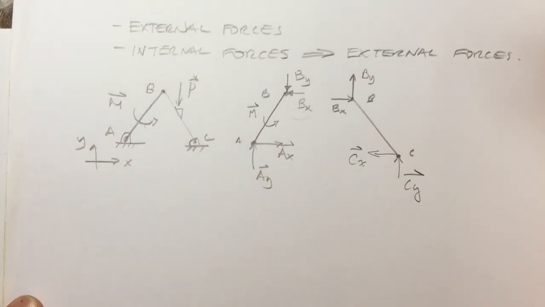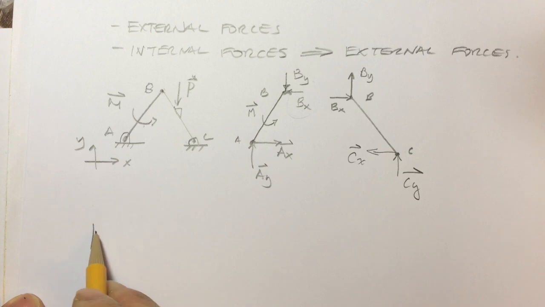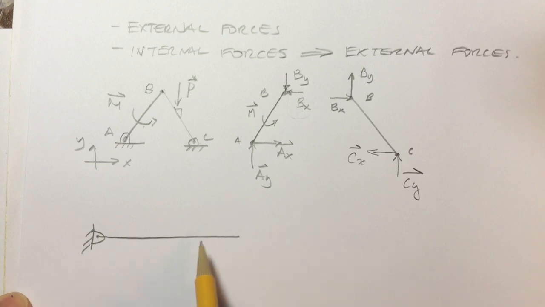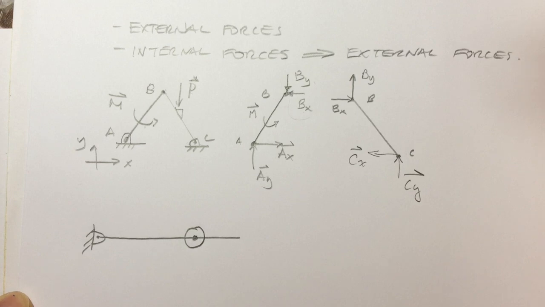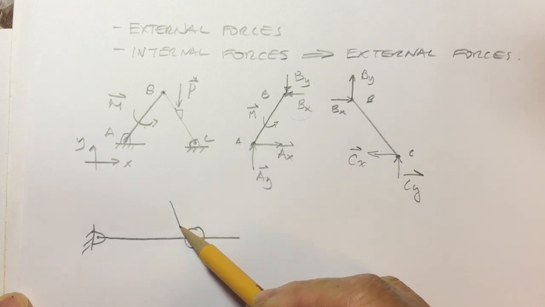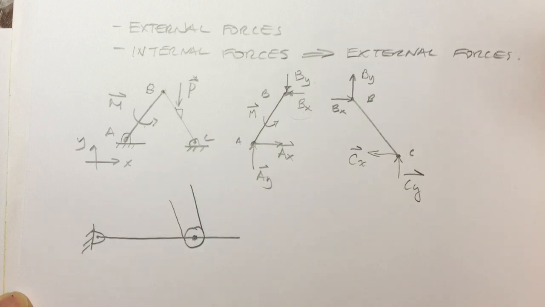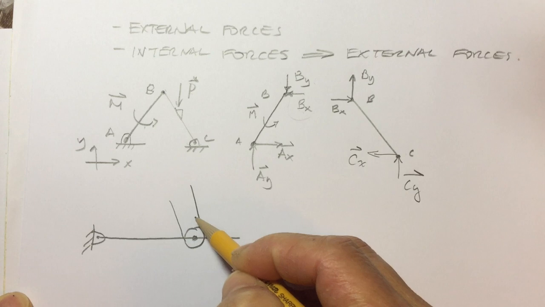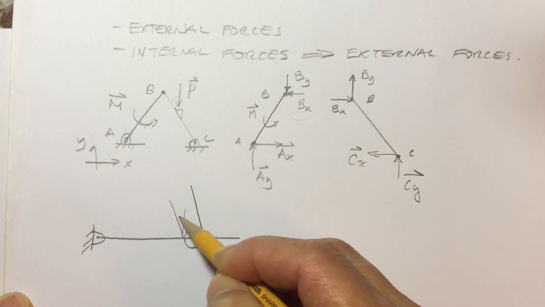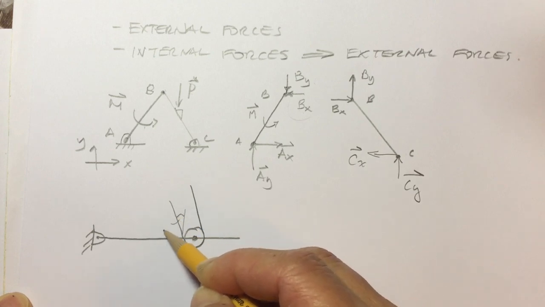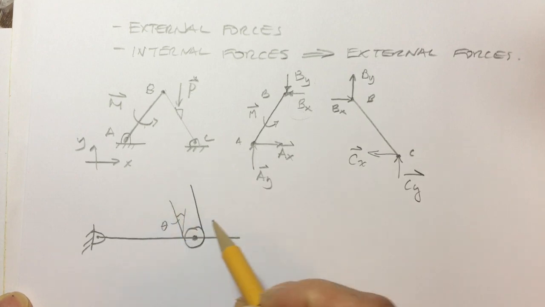Let's do another free body diagram where we have a pin assembly and we have a bar, and on that bar I have a pulley, and it's attached to another equipment that we don't know where it's at, but there's a cable and there's tension in that cable, and the problem statement says this is at an angle of theta.